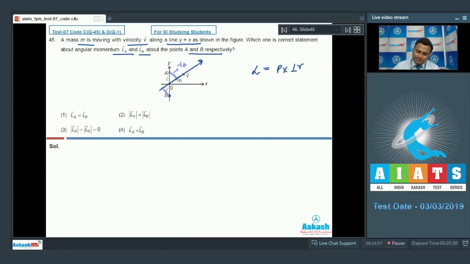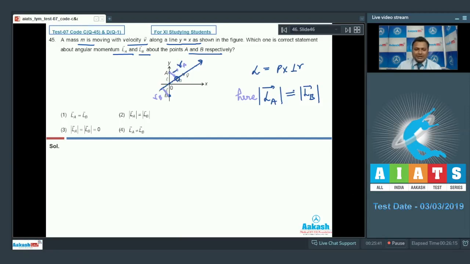This is for B, suppose RB. Here the lengths RA and RB will be equal. So the magnitude of angular momentum about A will be the same as the magnitude of angular momentum about B. This is because the linear momentum is the same, mass into velocity, and the separation, that is RA, will be the same as RB. That's why the magnitude of angular momentum will be the same.